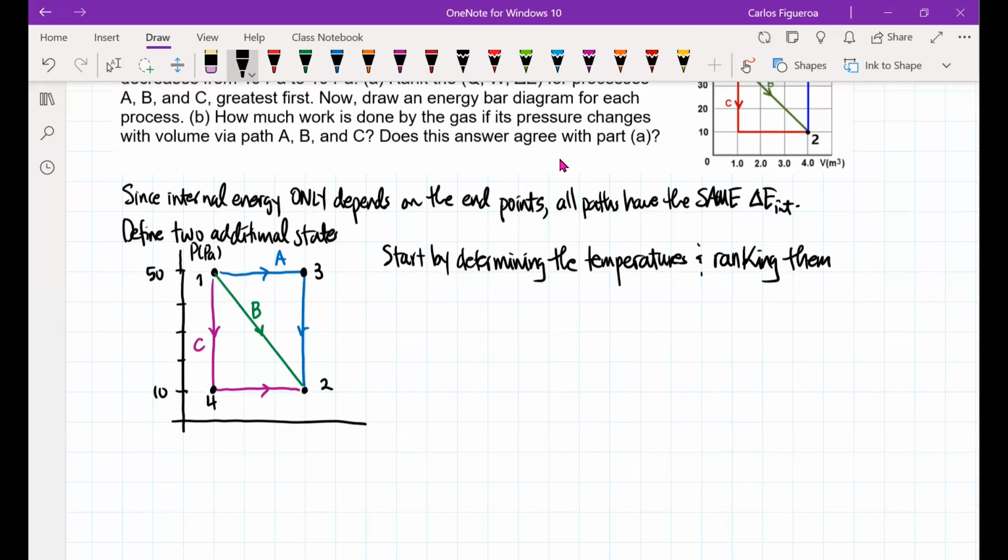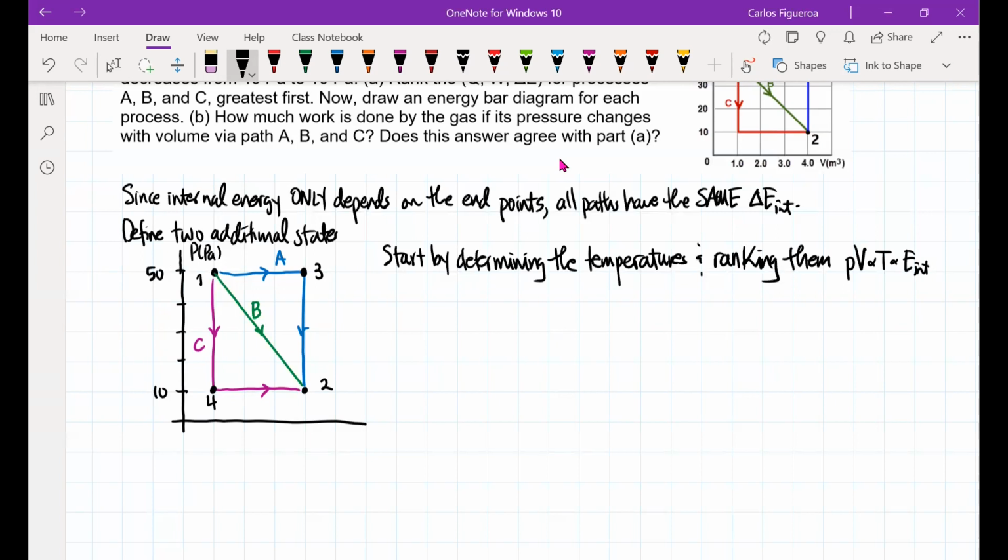Okay. And so here I go. I know that the ideal gas law says that the pressure times the volume is proportional to the temperature. And I know that the temperature is proportional to the internal energy. So I'm going to use that.